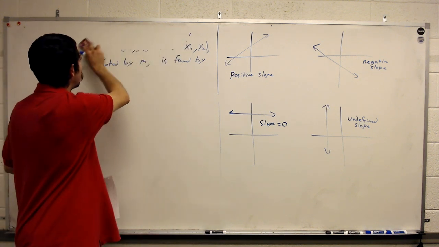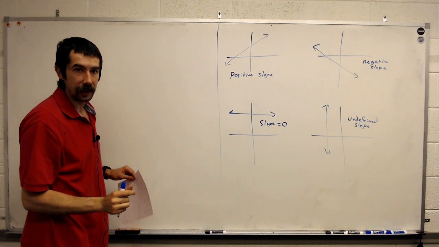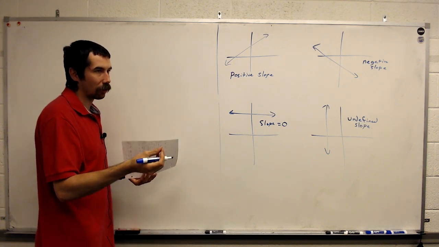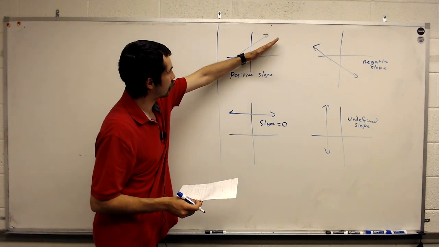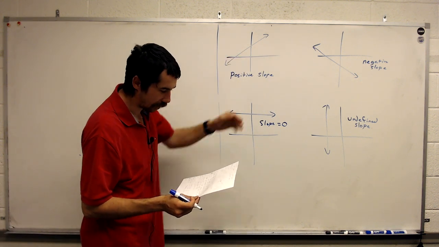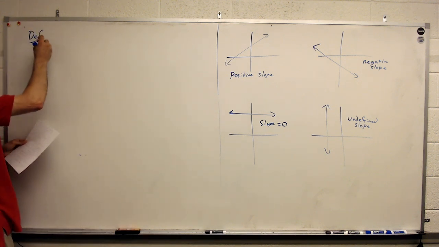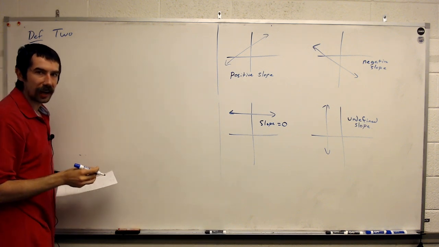We're going to be interested in finding when two lines intersect. The point where two lines intersect is going to have a lot of applications. But it's possible, if two lines have the same slope, that they never intersect. And so in that case, we call those lines parallel.